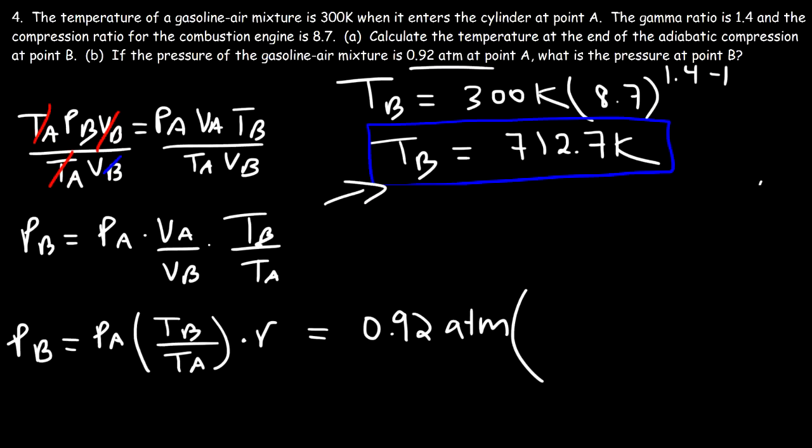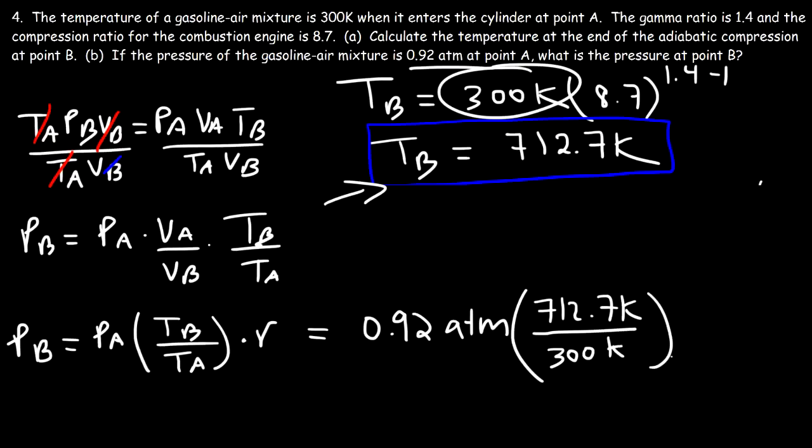The temperature at point B is 712.7 Kelvin, and the temperature at A is this value, 300 Kelvin. And the compression ratio in this problem is 8.7.